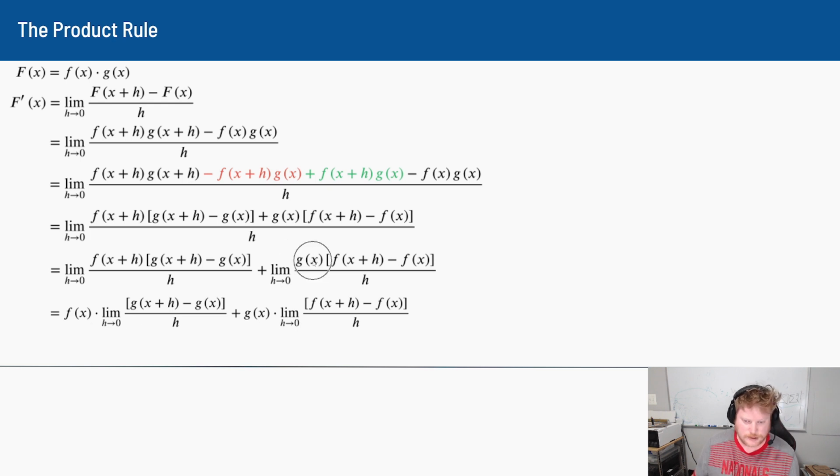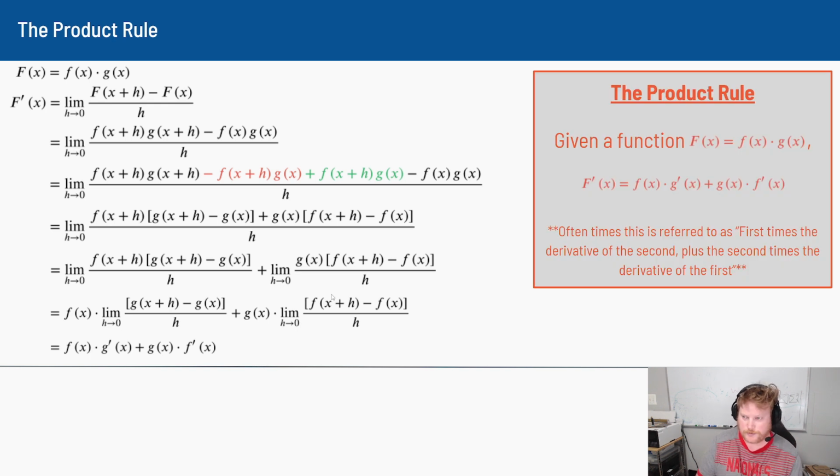This factor, g of x, isn't affected by the limiting value of h, so it can come out. And I'm left with two new definitions of derivative, one for g and one for f, which leaves me with f times the derivative of g plus g times the derivative of f. And that is our product rule.